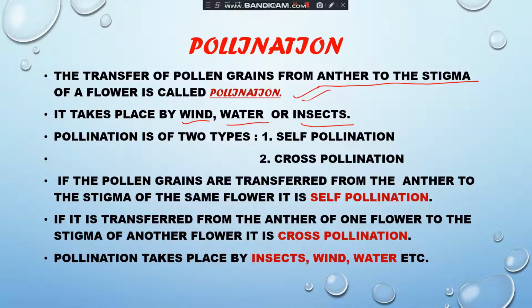Now pollination is mainly of two types. Which are the two types of pollination? Self-pollination and cross-pollination. What is self-pollination? Self-pollination means the pollen grains are transferred from the anther to the stigma of the same flower.